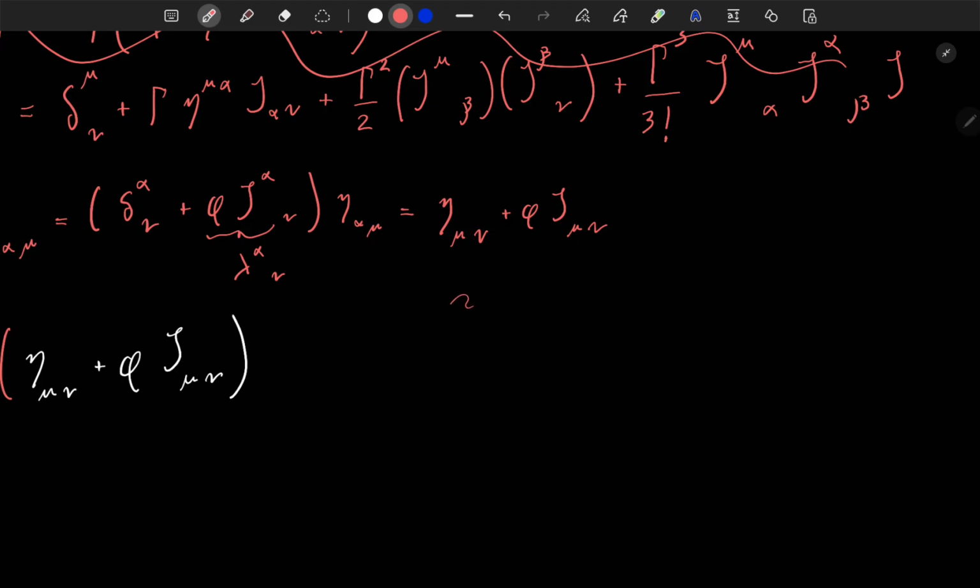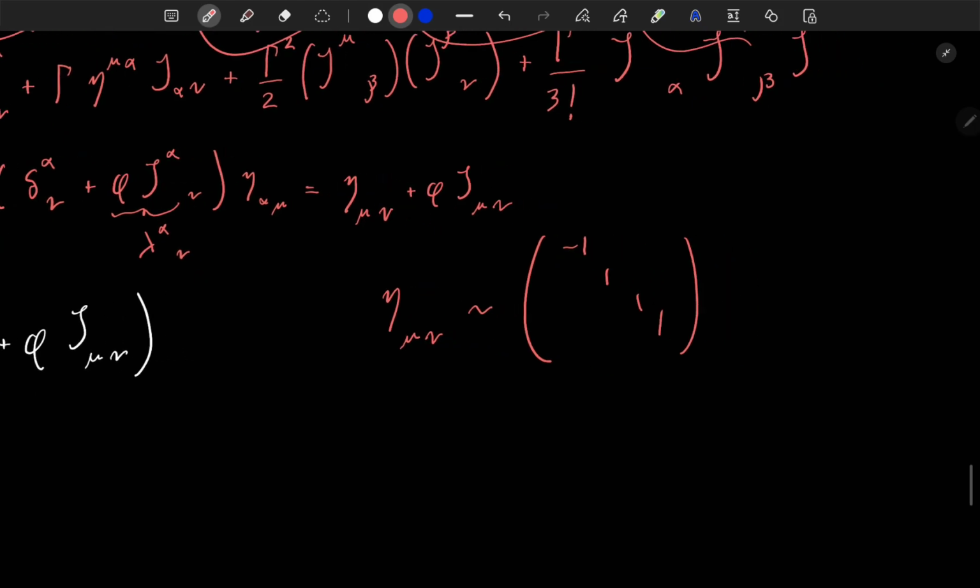Now, the metric as a matrix looks like minus 1, 1, 1, 1 with zeros elsewhere. And for the particular boost we're considering, the x1 boost, the matrix looks like 1, minus 1, zeros everywhere else.